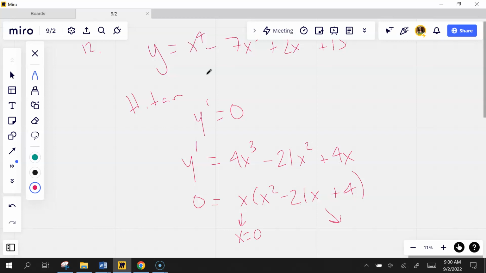You can do the discriminant if you want to see if they're real or imaginary. That would be the quadratic formula if you were doing it algebraically without a calculator.